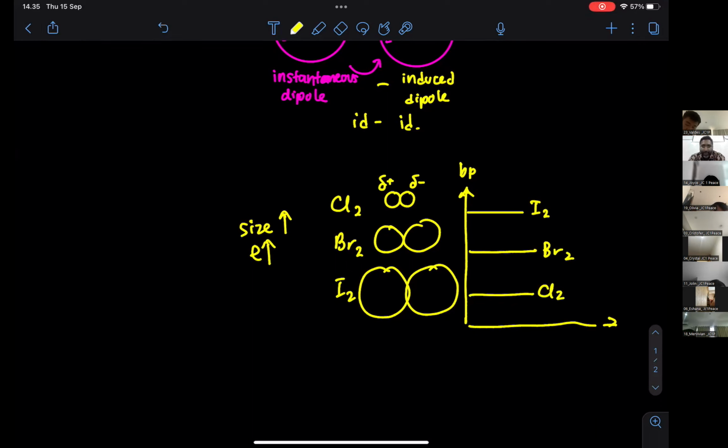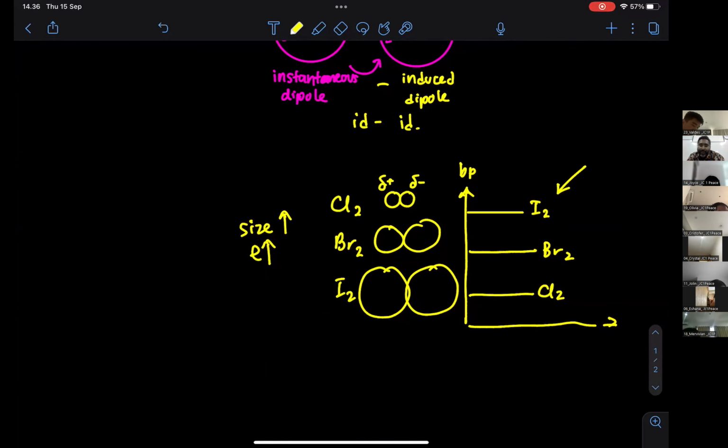It has to do with the size and the electrons. Even though the boiling point is affected by ID, the boiling point for I2 is greater because more electrons means it's going to form a stronger ID.